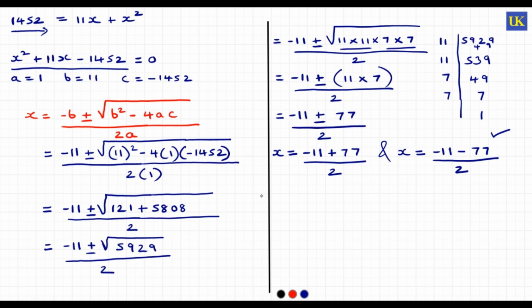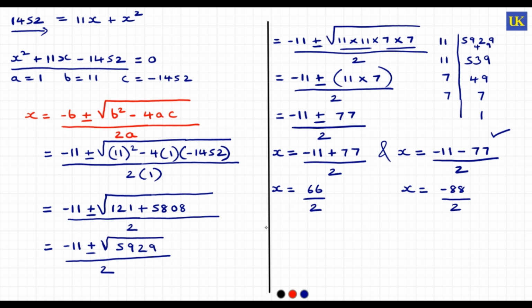All right. So x is equal to minus 11 plus 77 is plus 66, plus 66 upon 2, and here this will become minus 88. Minus minus will become plus, and the sign is minus only, of course.